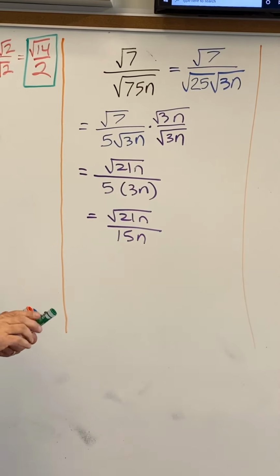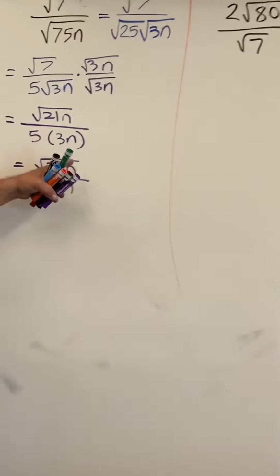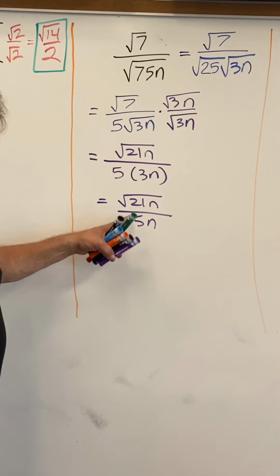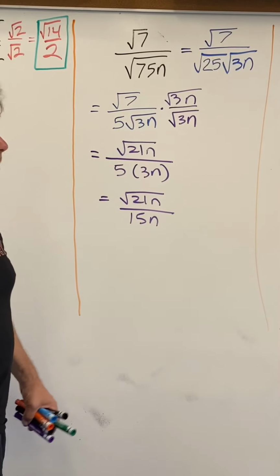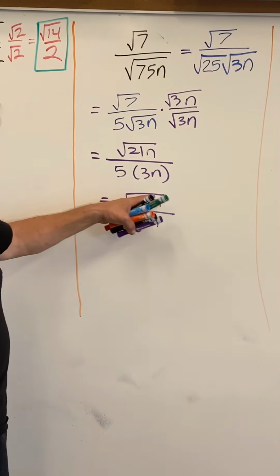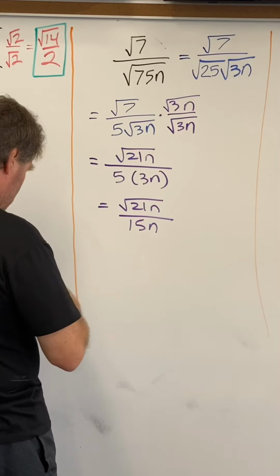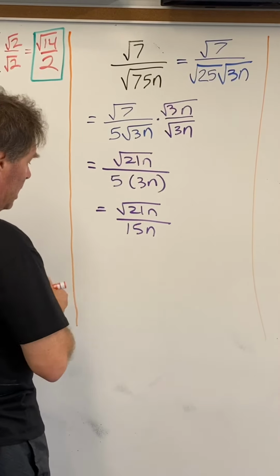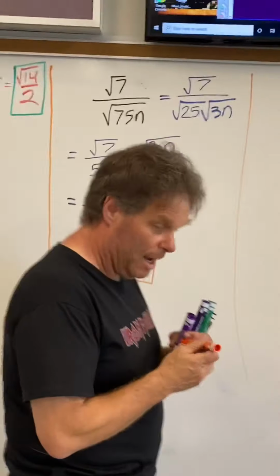Now, some of you might be thinking, oh, I can cancel the n's. Or I can take a 3 out of both of these guys. Neither one of those you can do because this is underneath a root and this is not underneath a root. So unfortunately, the bottom line is that is the answer. You can't simplify it any more than that.